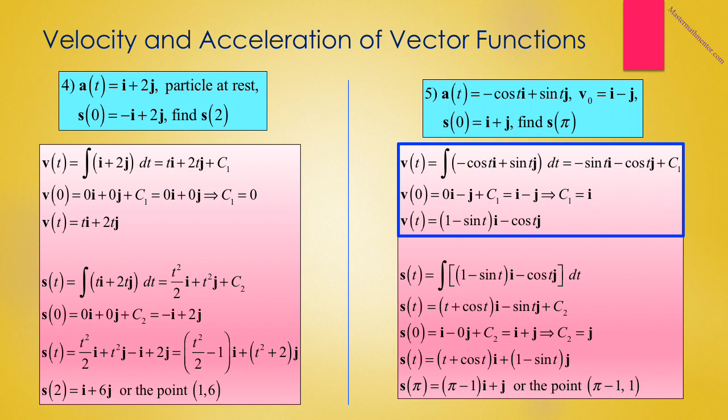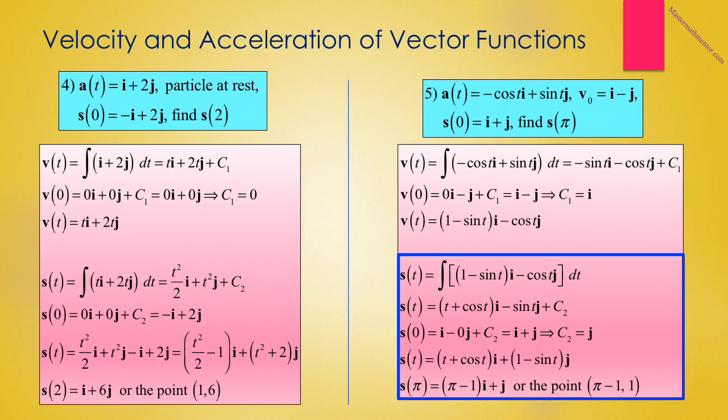Plugging in 0, we get 0i minus j + c1 is equal to the initial velocity, which is i minus j, and that makes c1 equal to i. So our velocity function is (1 minus sine t)i minus cosine t j.